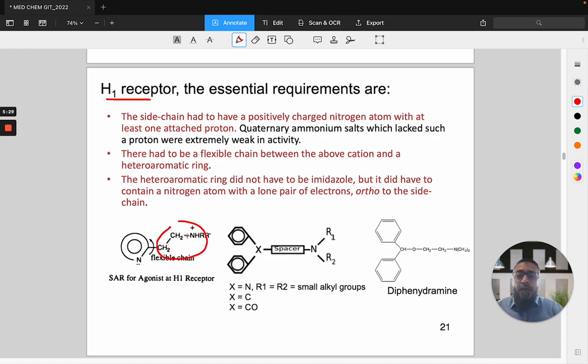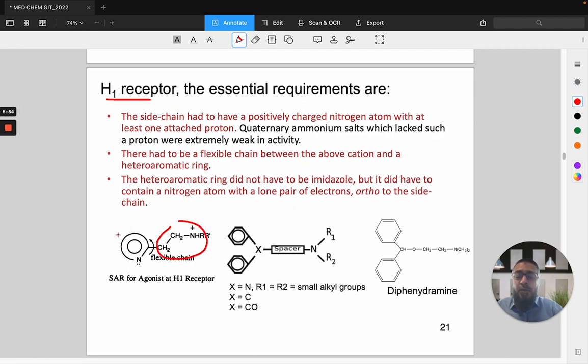hydrogen. And the second thing is the heteroatom, which is this one. The heteroatom has a flexible chain. So this heteroatom has a flexible chain between the cation and the heterocyclic ring. And the third requirement is the heteroaromatic ring, which need not be an imidazole ring.